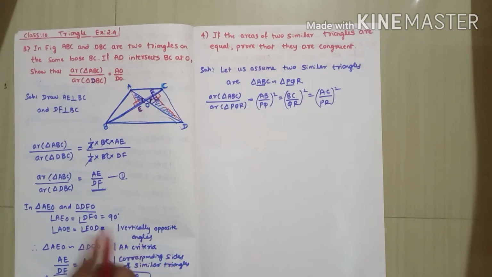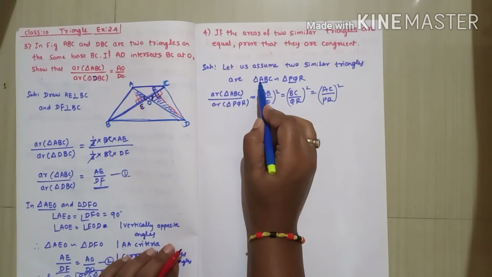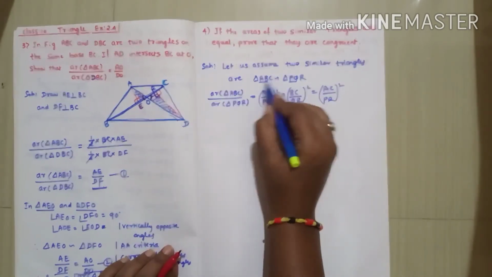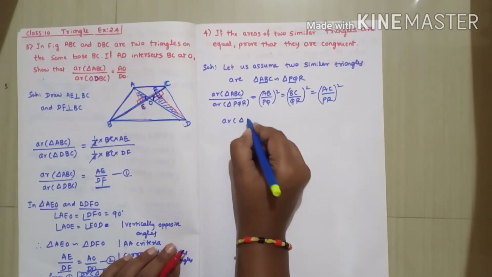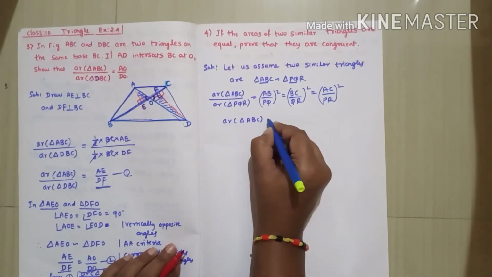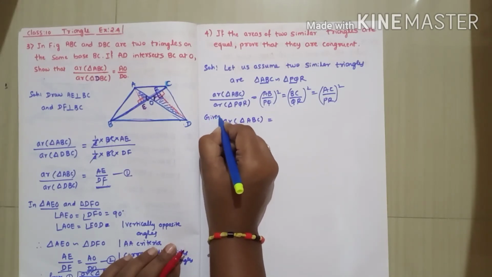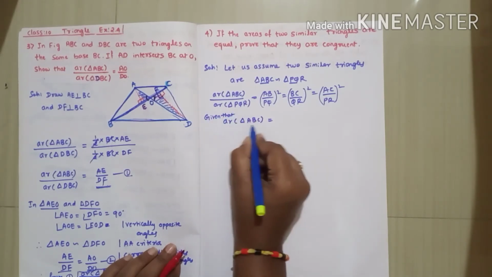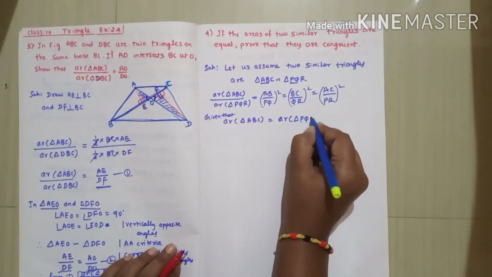Now, here they are saying that the two similar triangles we considered as ABC and PQR are both also having equal areas. Means it is given that area of triangle ABC is equal to area of triangle PQR.